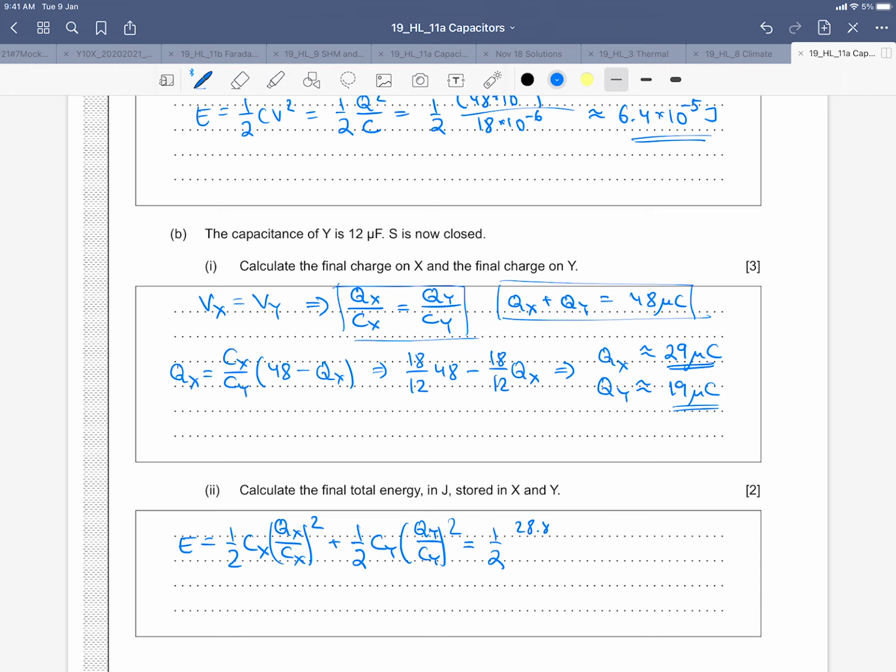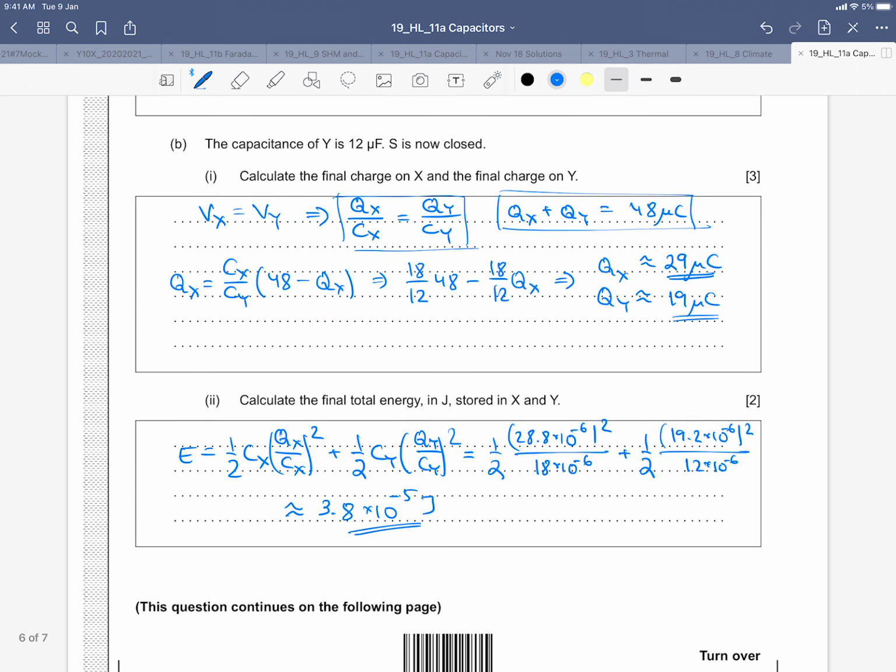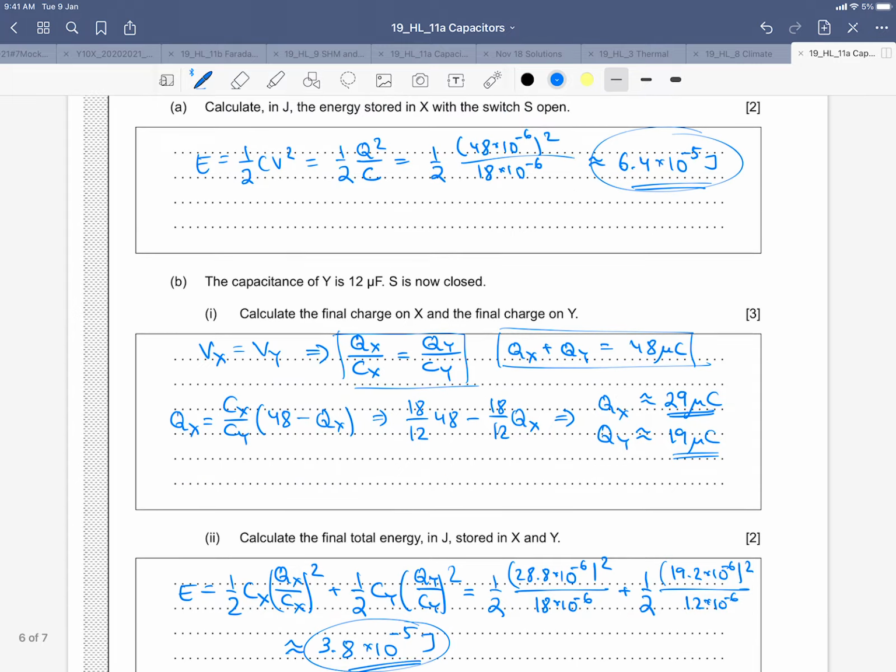I'm using 28.8 now instead of the 29. That is being squared, and then we have 18 times 10 to the negative 6, and then 19.2 times 10 to the negative 6 squared over 12, and then we end up with 3.8 times 10 to the negative 5 joules. So some energy has been lost compared to, we had 6.4 times 10 to the negative 5. Now we have 3.8. So some energy has been lost.